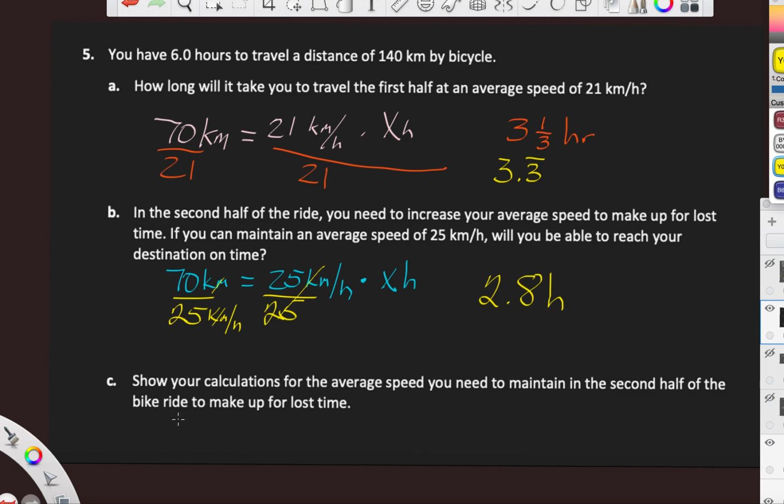So I'm going to do my 70 kilometers is going to equal some unknown speed or velocity, kilometers an hour, times, I guess I could do 2 2/3.